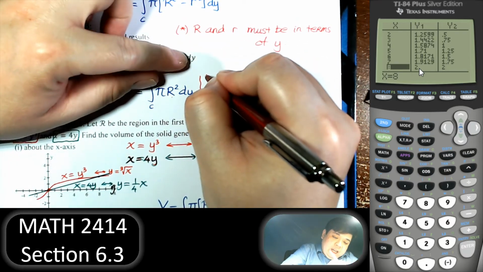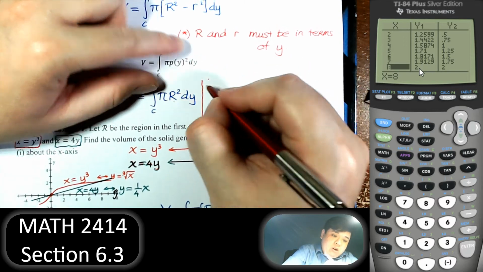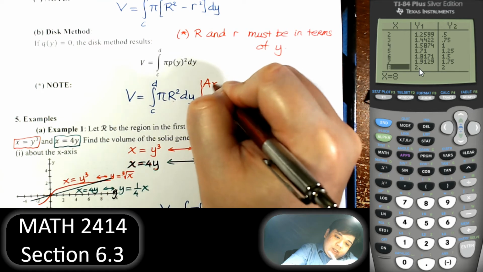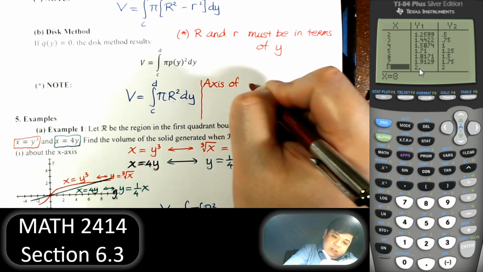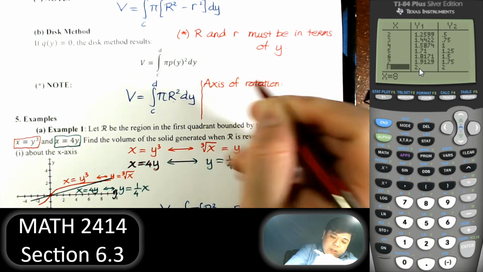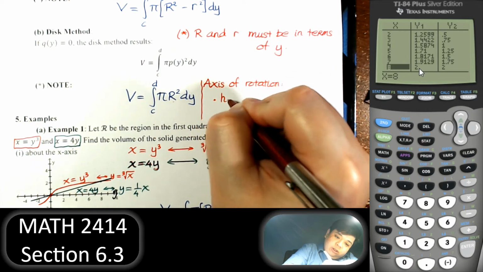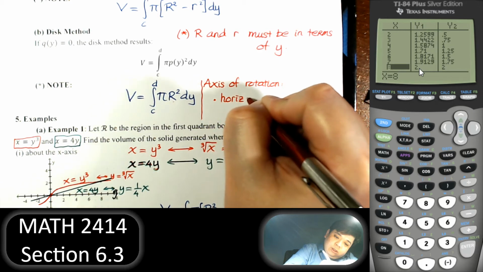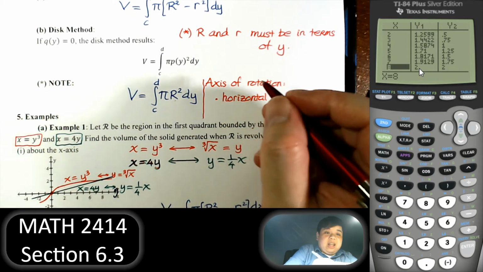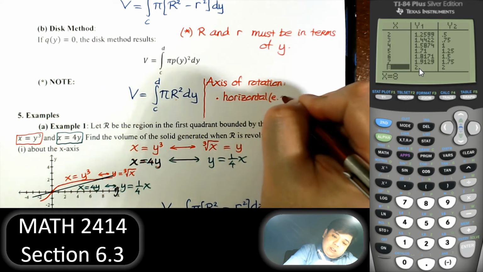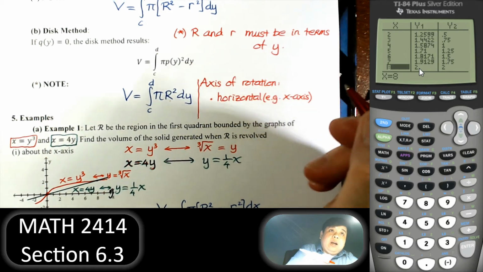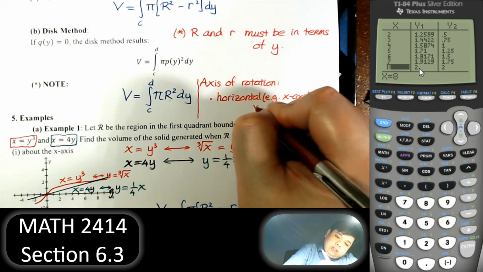So if the axis of rotation is horizontal, like the x-axis, the width is equal to dx.